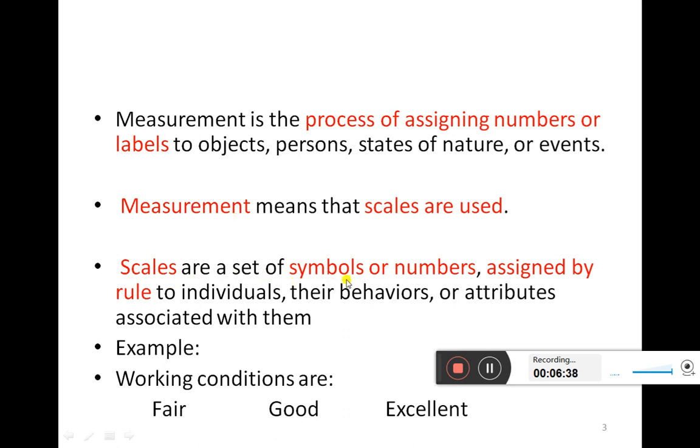A scale is a set of symbols. It can be a symbol, it can be graphs, shapes, faces, or it can be numbers assigned by rule to individuals, their behaviors, or attributes and characteristics associated with them. So simply stated, when we want to measure a statement or a behavior, for measuring purposes we need scales.